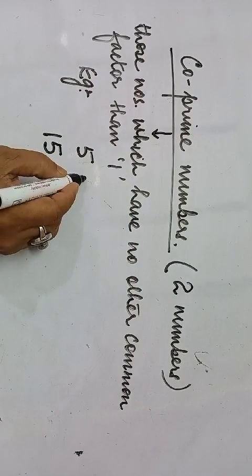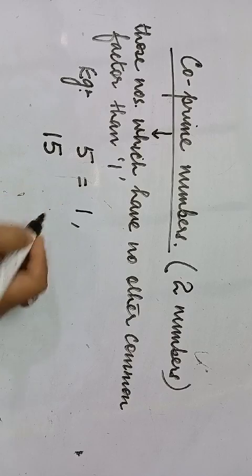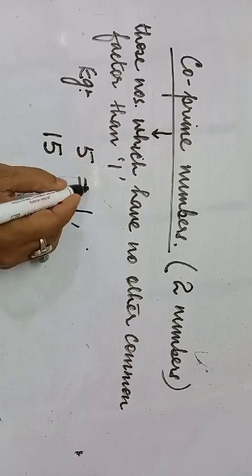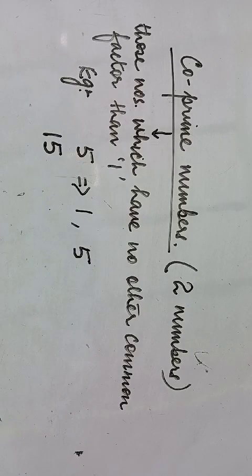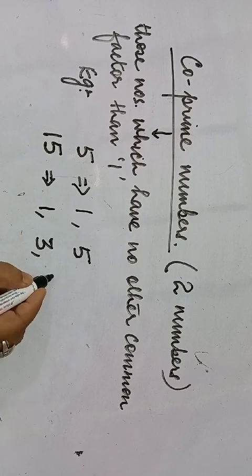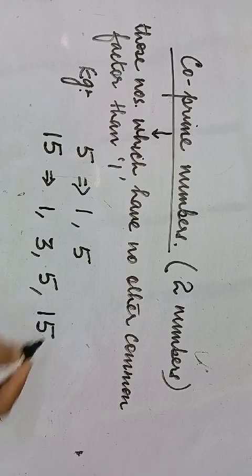Now let us see what are all the factors of 5. 5 has 1 as factor, then 5 has, yes, only 5. 1 and 5 are the factors of 5. When we talk about 15, we have 1 as the factor, we have 3 as the factor because 3 5s are 15, we have 5 as the factor, we have 15 as the factor.